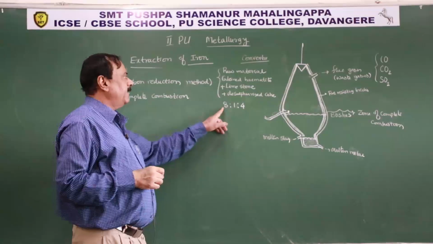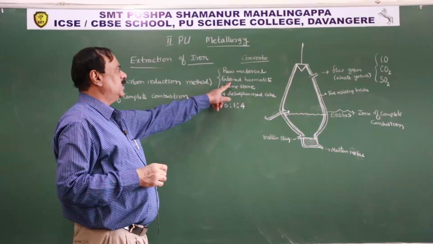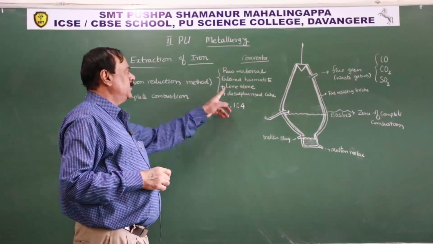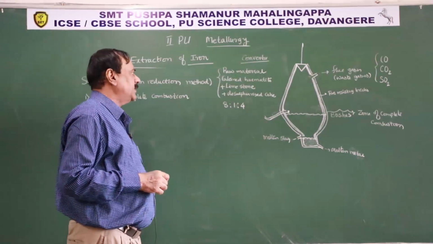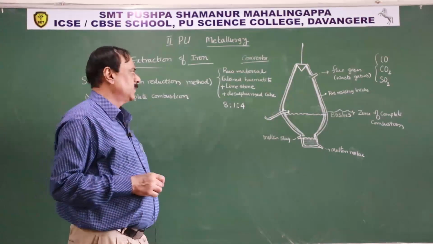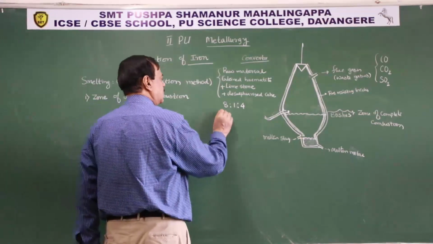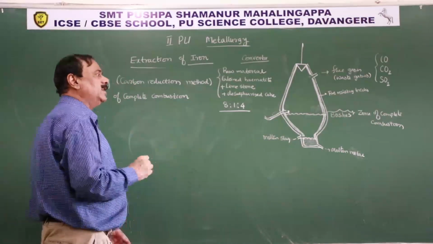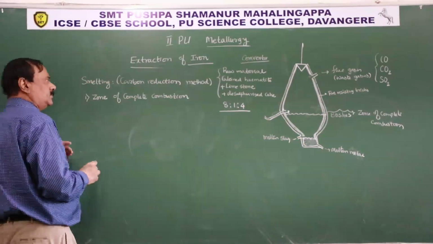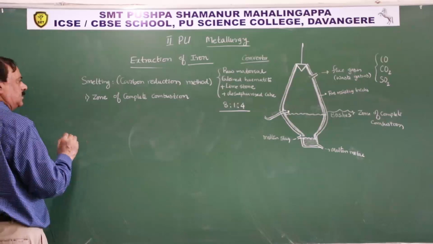Meaning for every 8 ratio of the calcined hematite, mixed with 1 ratio of the limestone and 4 ratio of the desulfurized coke. Now what is the role of the coke and limestone in the metallurgy of iron?